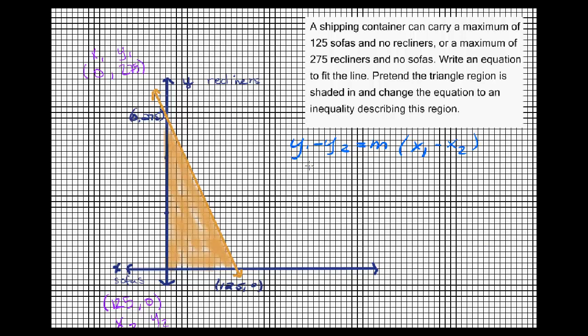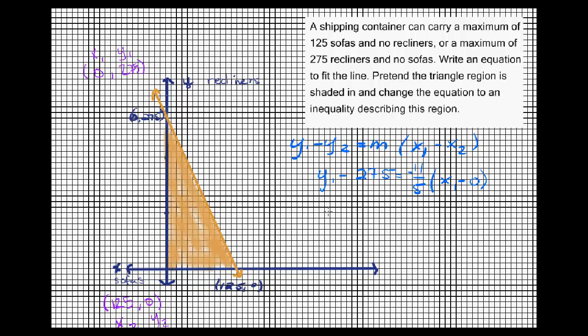Okay, we're going to use our maximum recliners. All right, so let's go ahead and plug those in. So we're going to do y minus 275 equals our slope that we just figured out, which is negative 11/5, and then x minus 0.